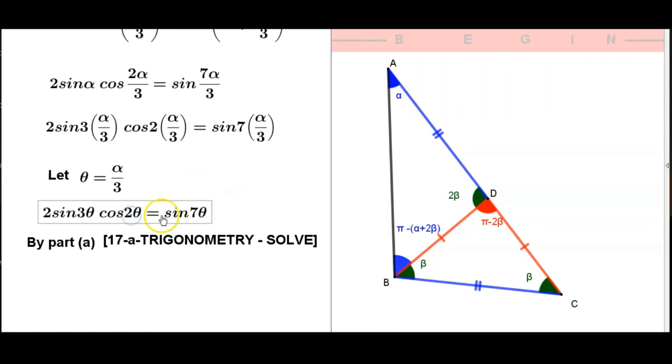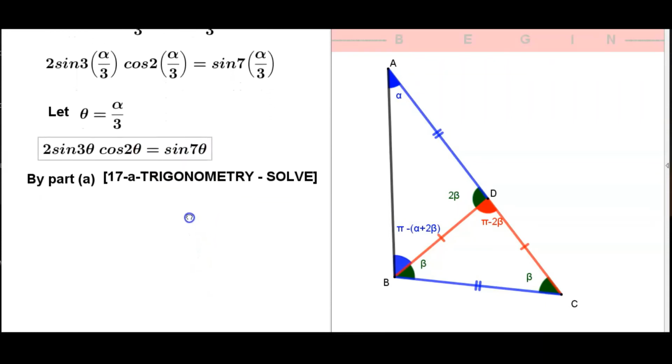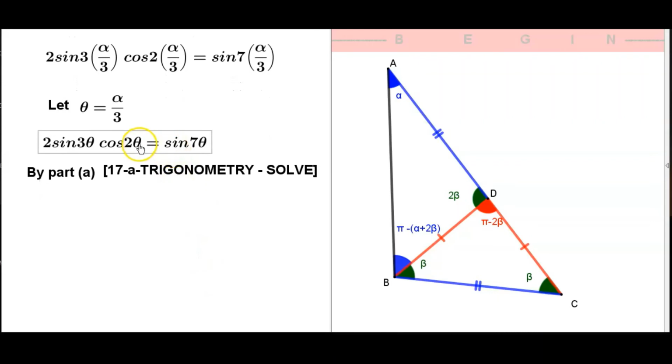Now we are going to solve this one: 2 sine 3 theta cos 2 theta is equal to sine 7 theta. Using our previous part, the solution for this is theta equal to pi over 18, 5 pi over 18 and 7 pi over 18. I can show it to you.